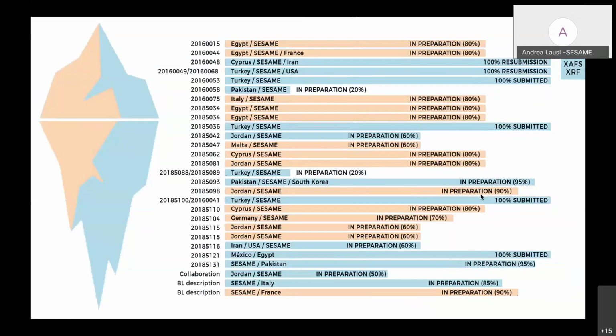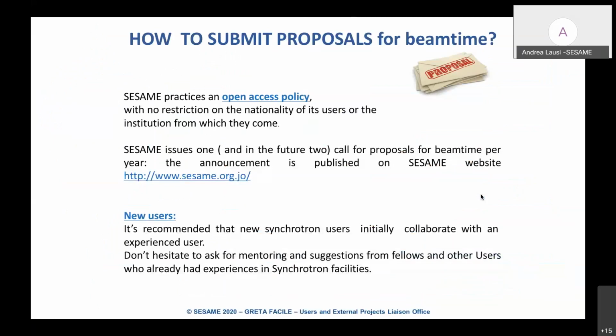So this is a long process, but this is the end of a synchrotron experiment, let's say. So how do you start instead?